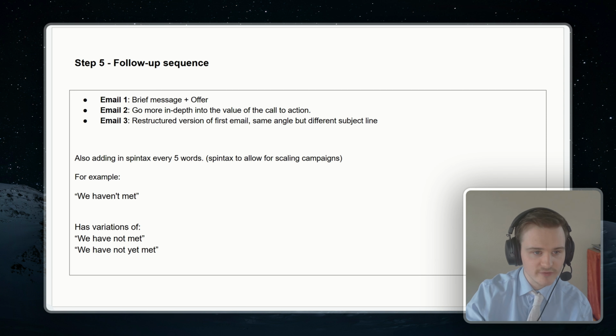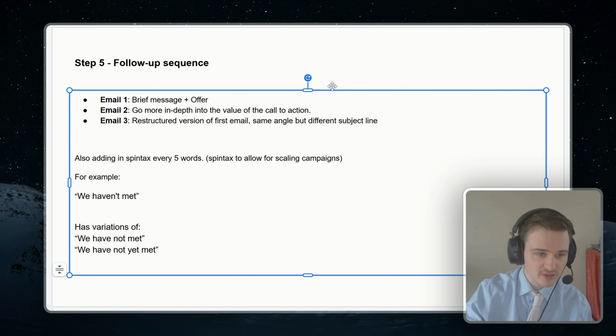Next, we have our follow-up sequence. Email 1 would be a brief message plus offer. Then email 2, maybe 3 or 4 days after, would go more in depth into the value of the call to action, and maybe give them a bit more context to follow up with. And then email 3 would be a restructured version of the first email, same angle but different subject line.